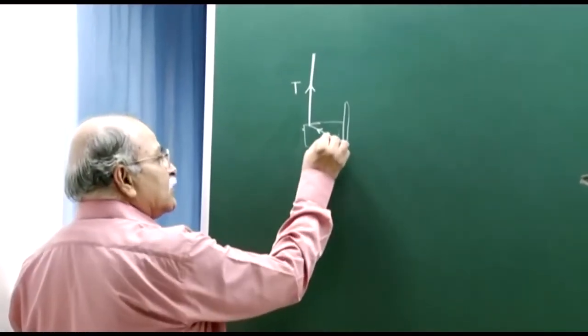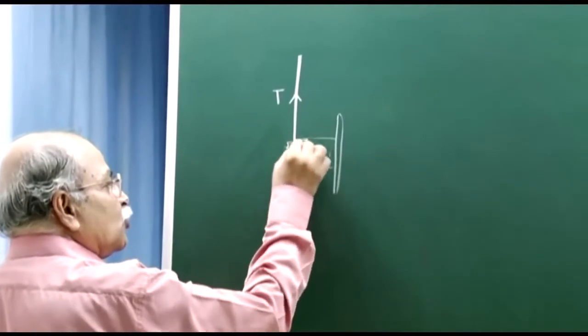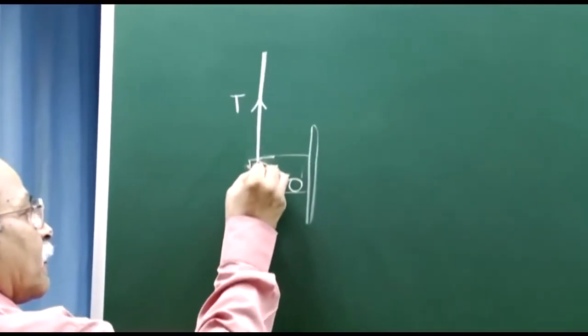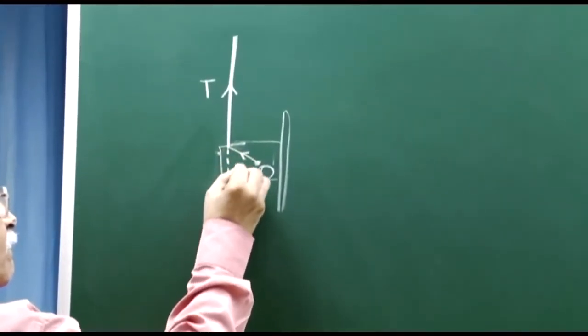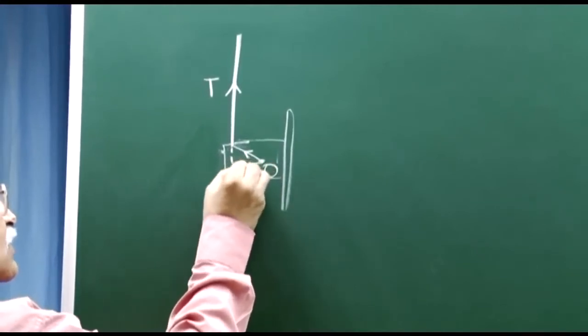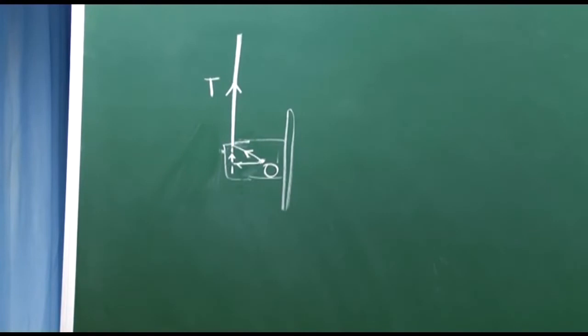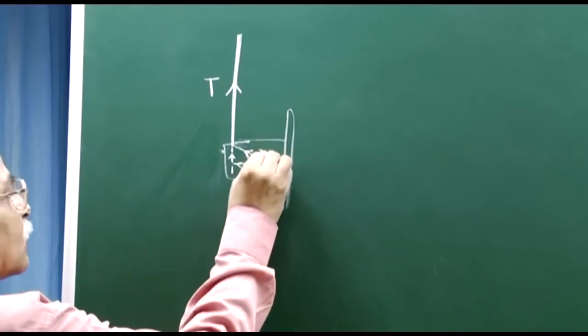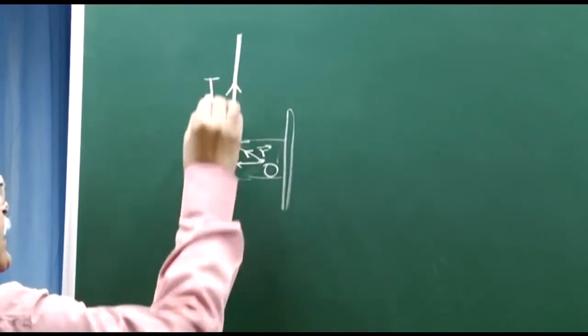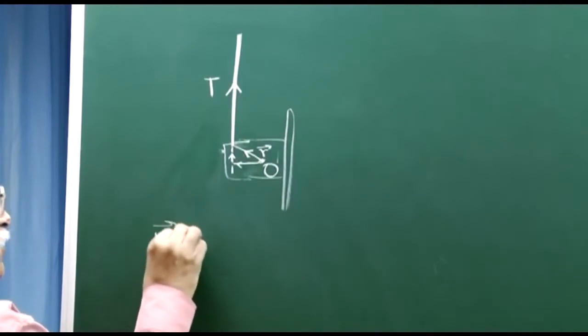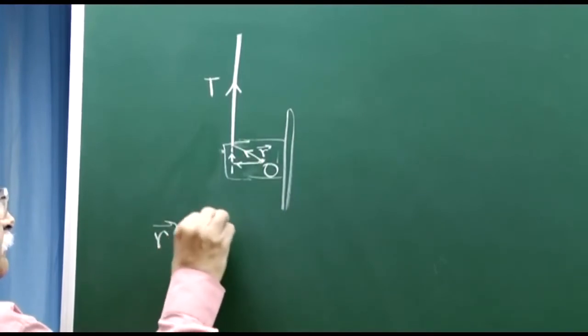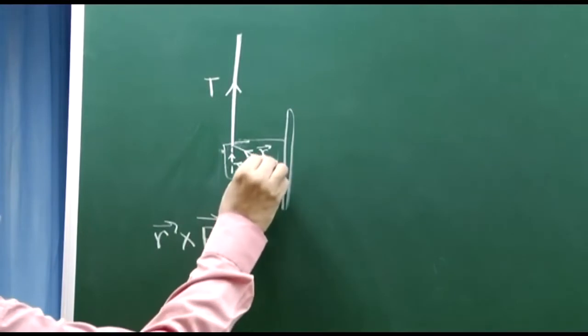Now, I can write this r in two components, one is this and another is this. What I need is r cross F, or r cross this tension. This r has two components.